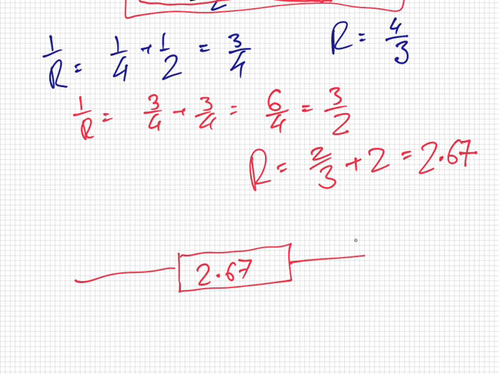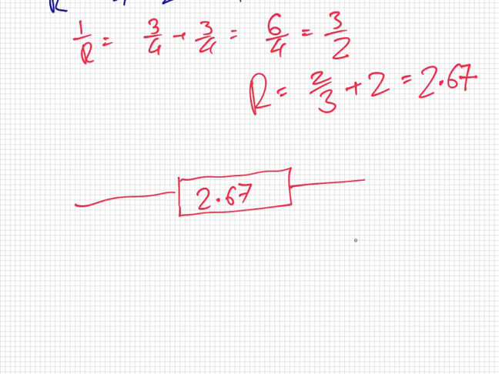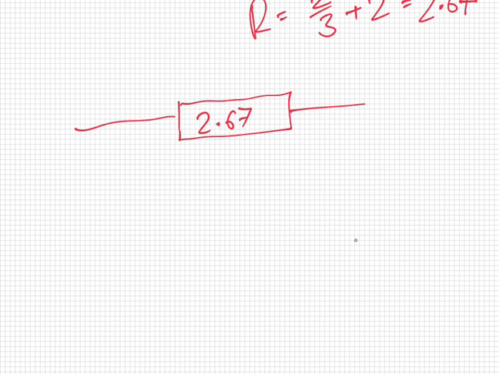Okay, so we're going to do some more circuit diagrams now. Just before I start, I want to make one point clear. This formula V equals IR: to be safe, only use this formula on one resistor.